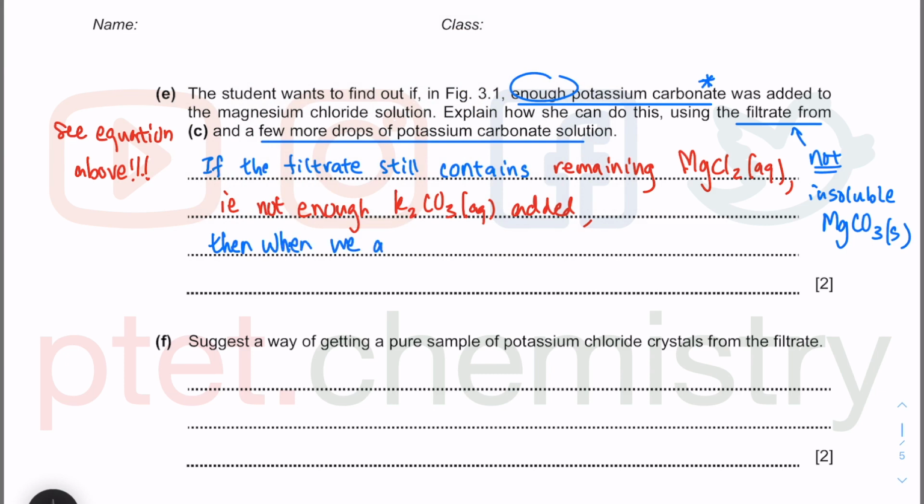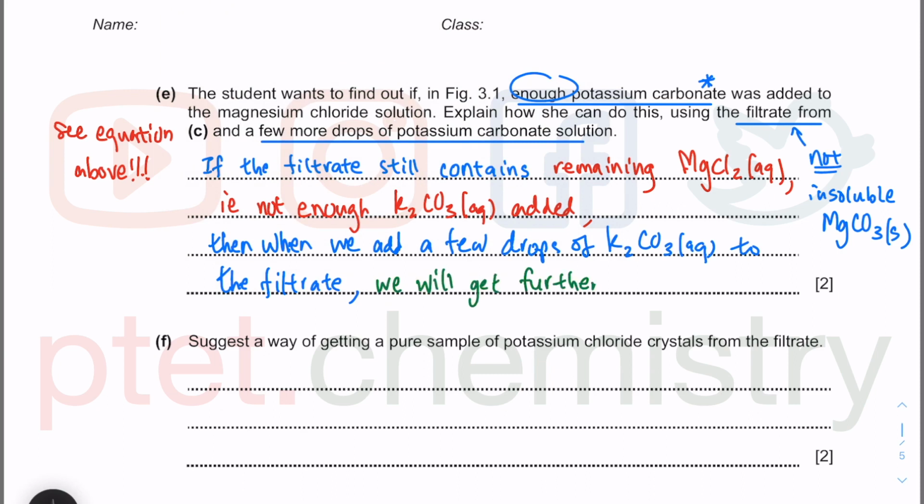When we add a few drops of K2CO3 aqueous to the filtrate, what will we see? We will get further or more solid or precipitate forming, i.e. that is the magnesium carbonate solid from the equations.